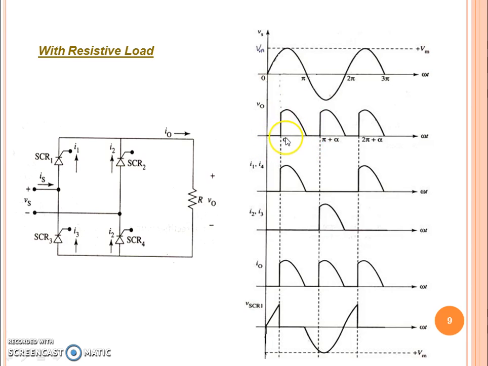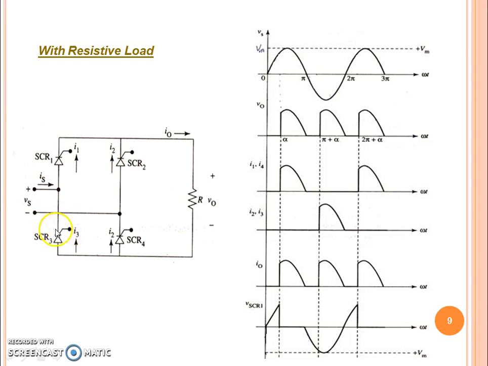Based on the application or requirement, we can set the firing angle alpha as 30, 45, etc. During the negative cycle from pi to 2 pi, we have an output voltage like this. How is it so? During the negative cycle, the polarity is reversed, negative here and positive here.